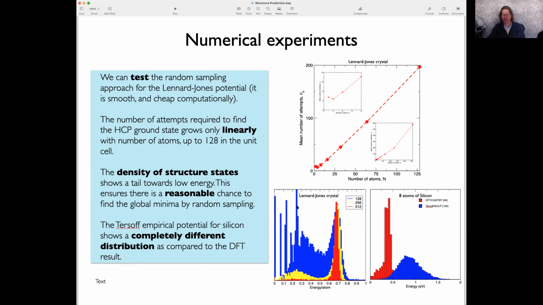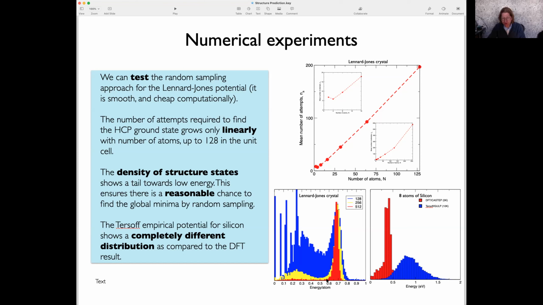It's also finding some higher energy states, and quite a few at this higher energy here, which, if you looked at these structures, are amorphous or random or sort of glassy structures. As you go up to 512 atoms, much more of the peak is in this glassy amorphous peak.